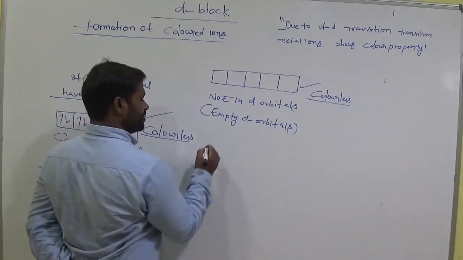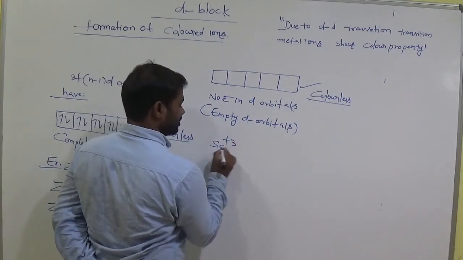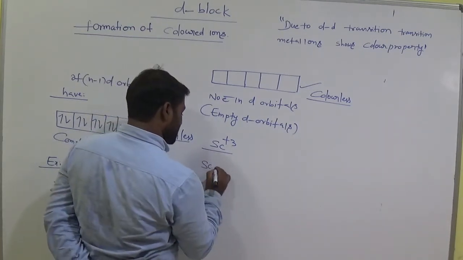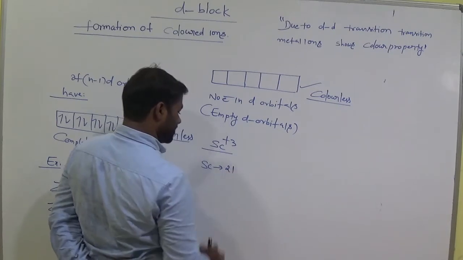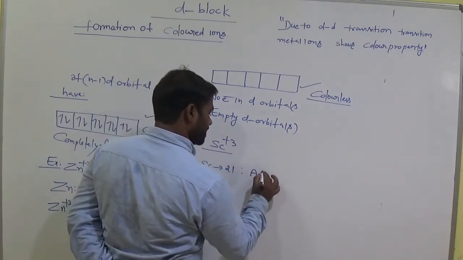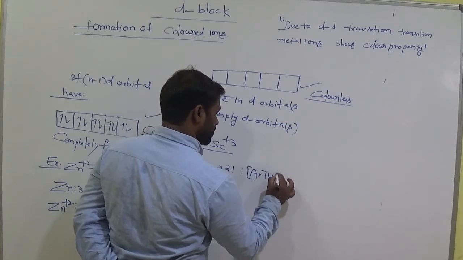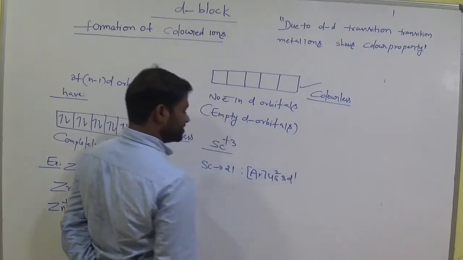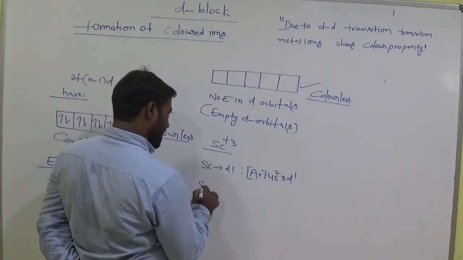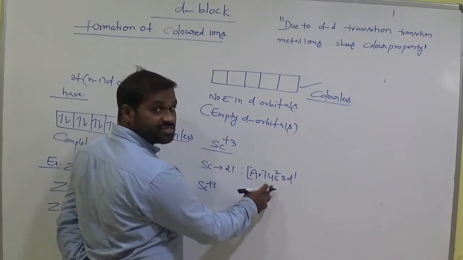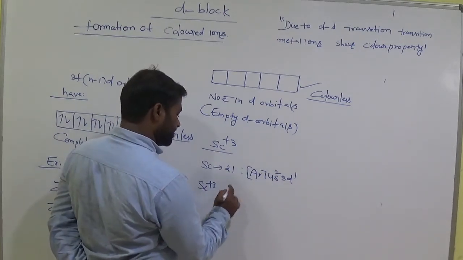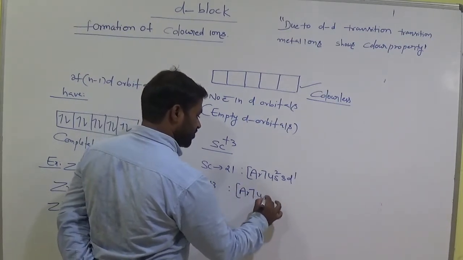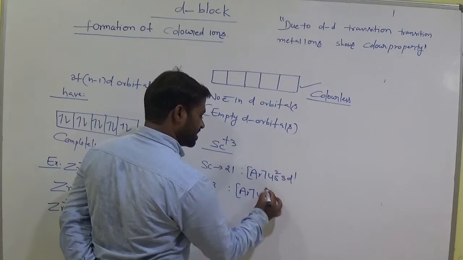Let's take the example scandium plus 3. Is it colored or not? Let's see. Scandium, what is the atomic number? 21. Write its electronic configuration: argon, 4s2, 3d1. Am I right? Scandium plus 3 means we have to remove 3 electrons. So argon, 4s, remove 2 electrons, then it becomes 0.